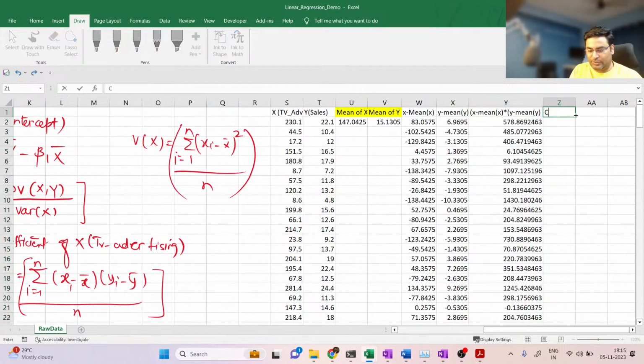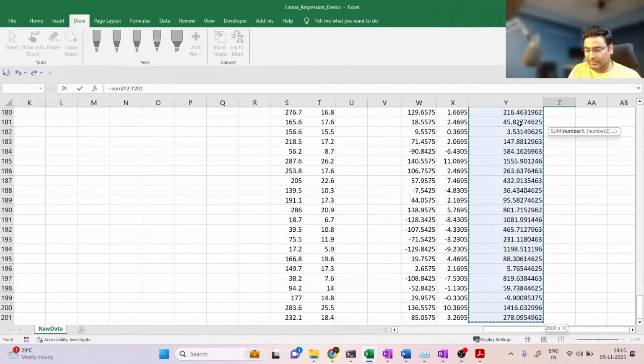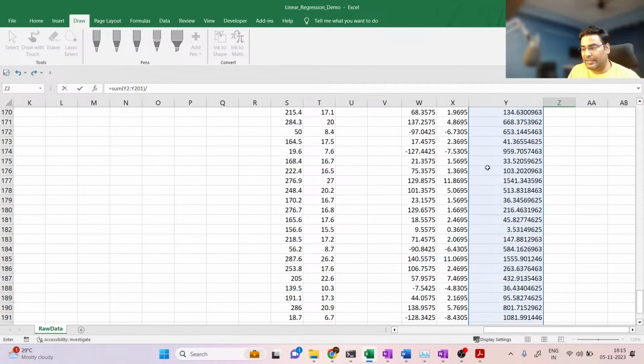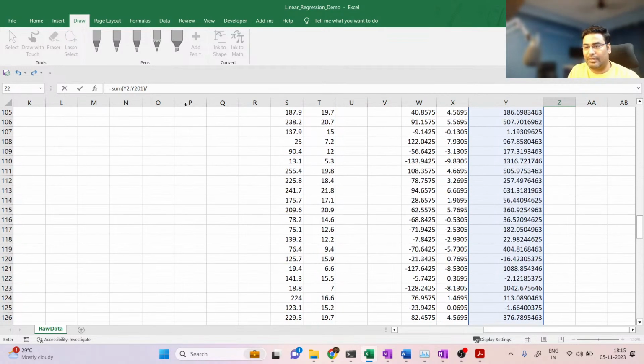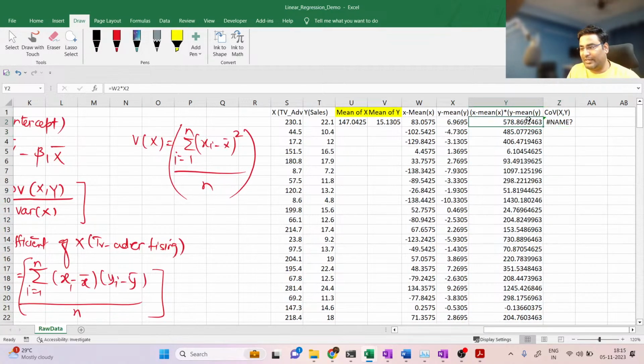Now to get the covariance of x comma y, you have to do nothing. You just have to do the summation of this, divided by n. How much is n, guys? N is your number of data points. So if you see, I think 250 records.